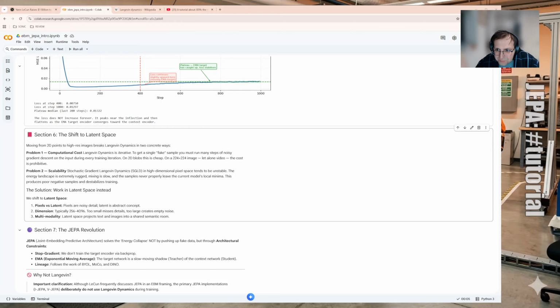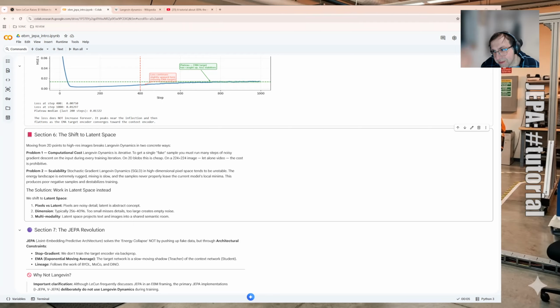Imagine now you go to video, where you have frames, so you have a time dimension. This cost goes high, and it's not practical at scale. And the second problem is scalability. The energy landscape is high dimensional as well.